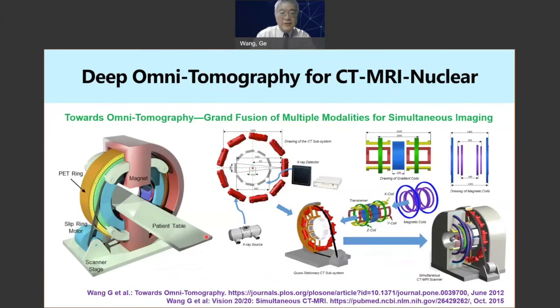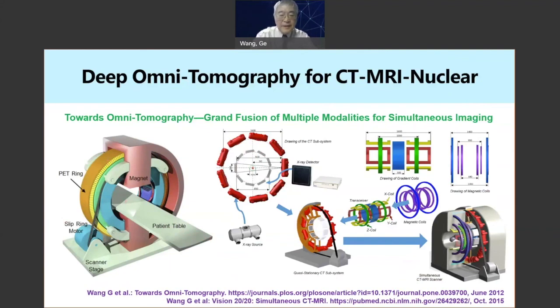This reminds us of our earlier work on the Omni-Tomography proposal, in which we hope to achieve a grand fusion of relevant tomographic imaging modalities. By such fusion, multiple modalities are integrated into a single gantry track and collect diverse datasets at the same time.